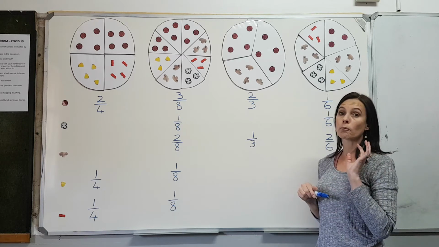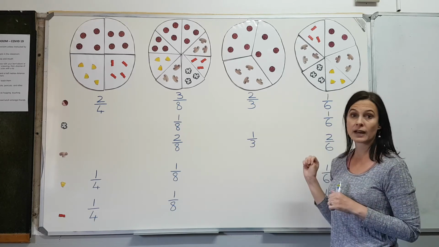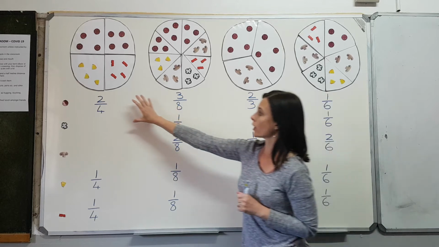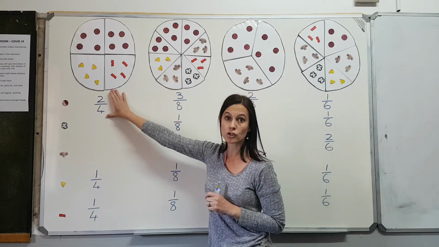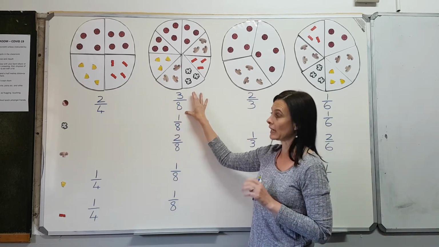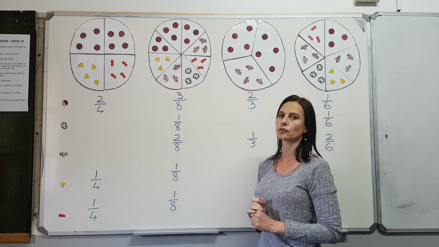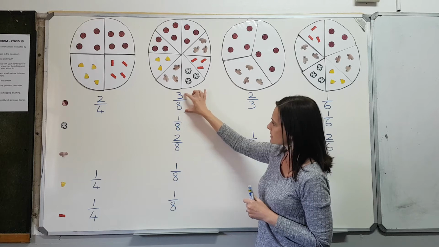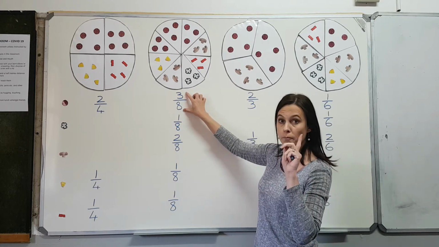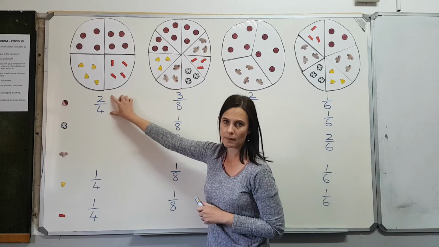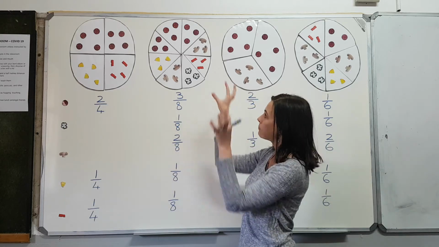Now we are going to compare the pepperoni fractions with one another. So I'm going to compare the first one with the second one. Which fraction do you think is the biggest of the two? I know that these numbers look bigger than those numbers, but I have to look at the pizza.